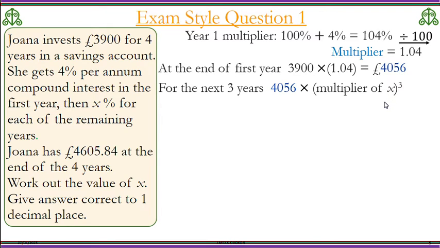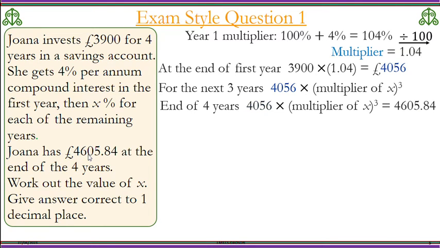We don't know the interest rate, so whatever it is, the multiplier that comes out of it, we're going to cube it, because we have the second, third, and fourth years, 3 years. But we know that at the end of the fourth year, this is what we make. So this must be equal to the amount we make at the end of the fourth year.